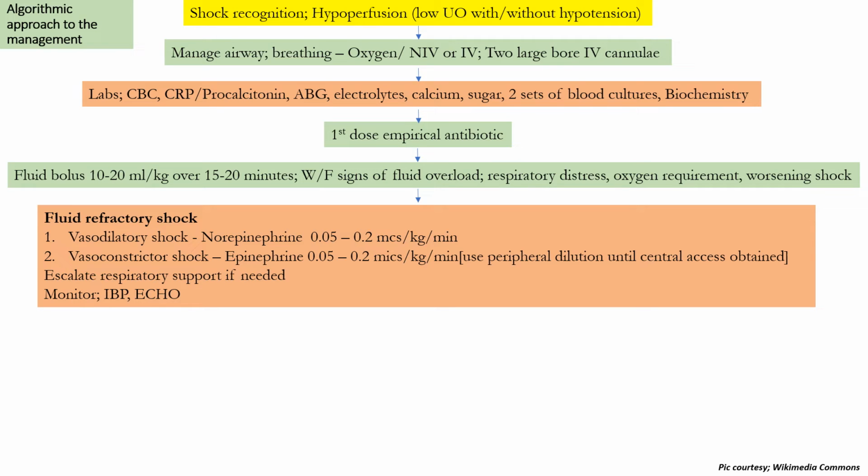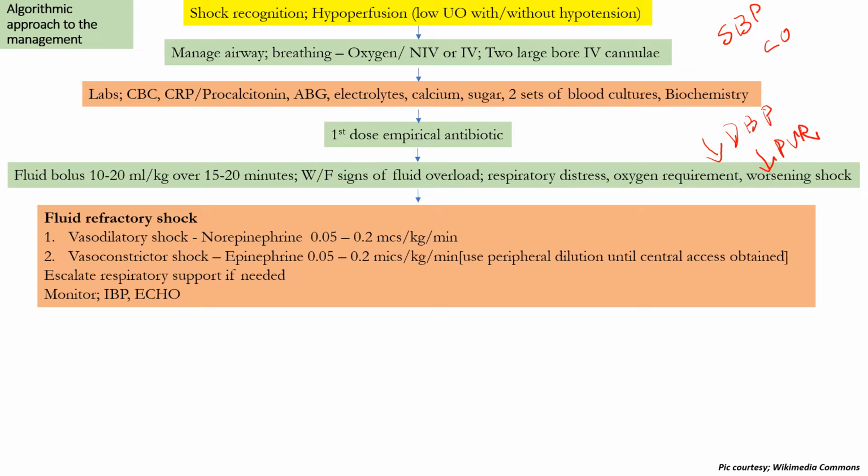In short, you can understand in vasodilatory shock, the peripheral blood vessels. See, diastolic blood pressure is determined by peripheral vascular resistance, and systolic blood pressure is determined by the cardiac output. So, in case the diastolic blood pressure is low, this is a surrogate marker of peripheral vascular resistance being low.